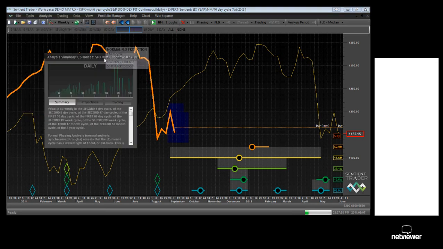So now I rely on Sentient Trader doing it for me, and I simply go to the View menu, show cyclic analysis panel, and if I click on the projections button, you will see I have a list here of current projections. And you'll see listed here the 17.6 month normal FLD projection, that's the price crossing a median FLD line, was created on the 1st of August, projecting a price fall of 152 points.